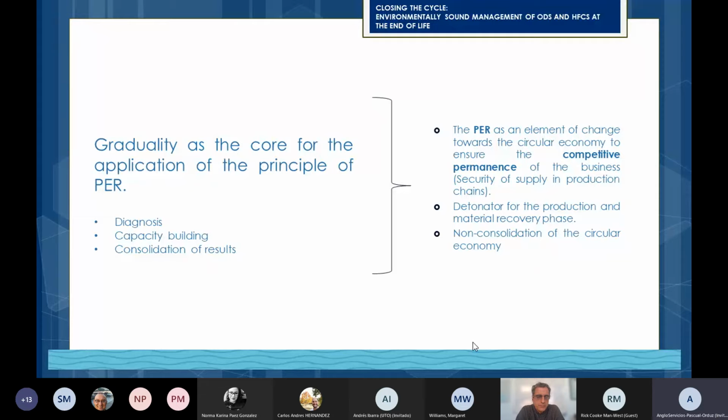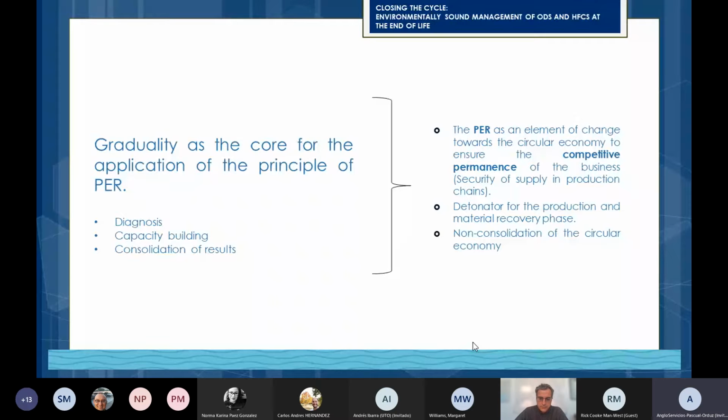Based on that diagnosis, we can move on to the next stage, which is to develop or build capacities. And then to finish building the regulation and all the awareness that we need for the third stage, that is the consolidation of results.